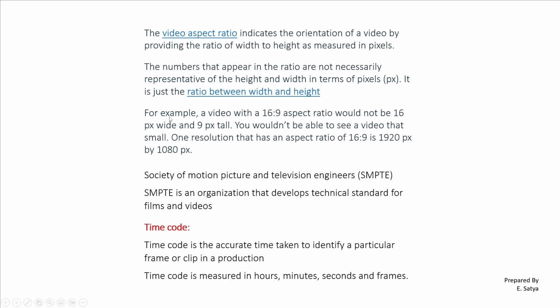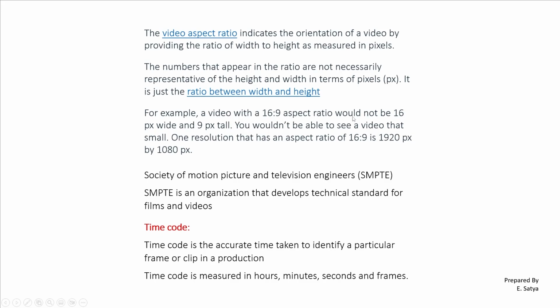For example, a video with a 16:9 aspect ratio would not be 16 pixels wide and 9 pixels tall. You have to understand this one.